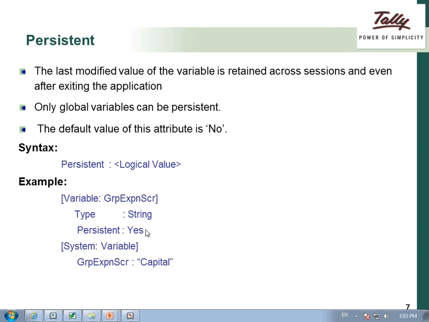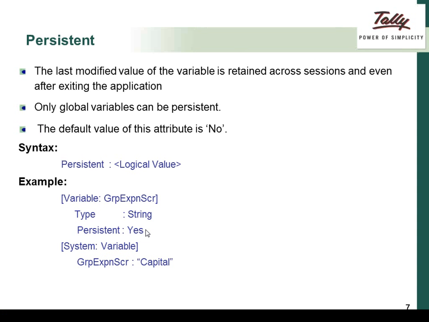However, even if you don't mention a default value, it initializes itself with a null value. And then gradually, the last value that you have selected gets stored there. So default value is not mandatory. You can leave it as empty quotes without a space and it can persist.